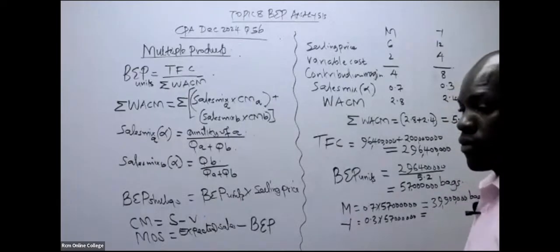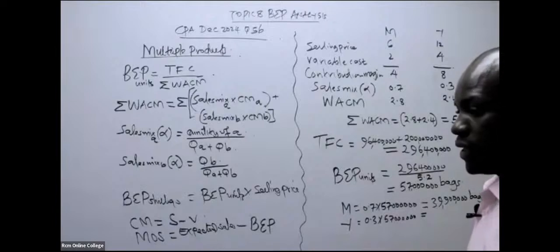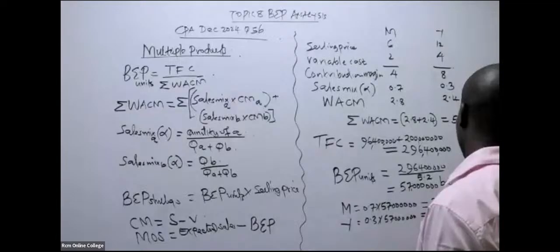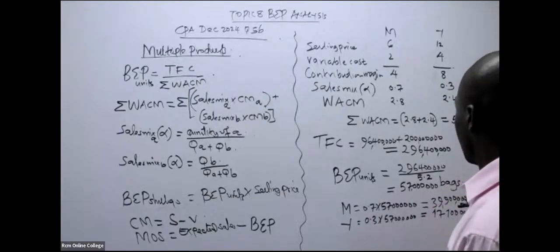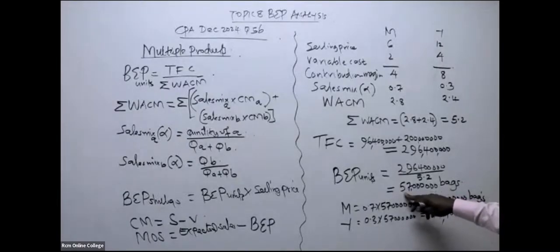Product Y? 0.3 times 57 million is 17,100,000 bags. So that is what we have. And of course, when you add the two, it must give you what they are sharing here.